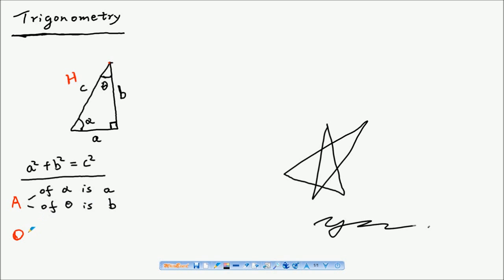Similarly, opposite is the line opposite to the angle.